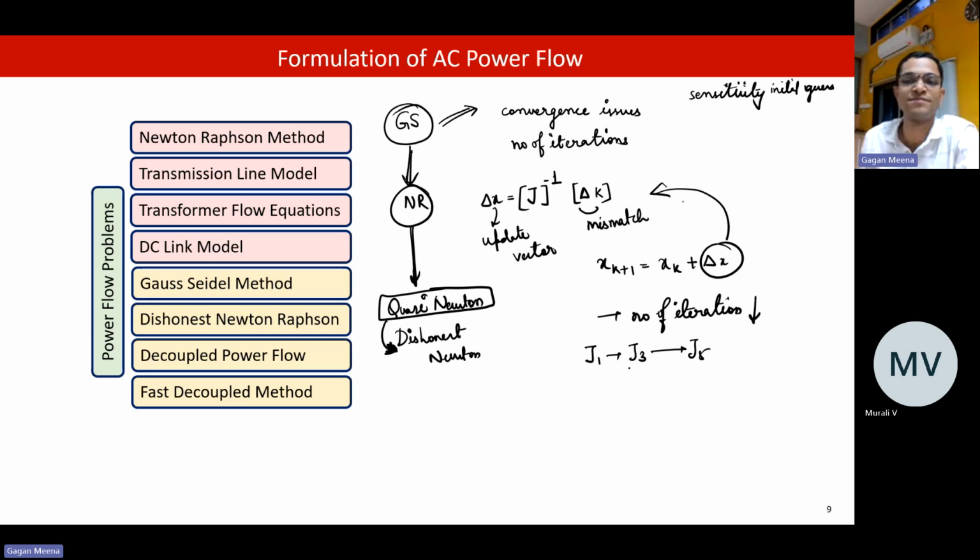If we keep it constant for more iterations, it will take more iterations and more time. But if we update it in every iteration, then each iteration takes more time. So there is a trade-off between computation time and the number of iterations.